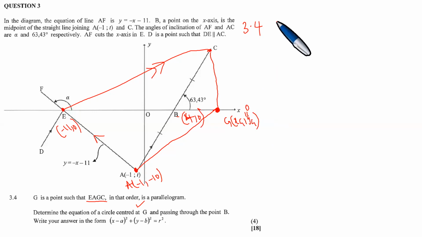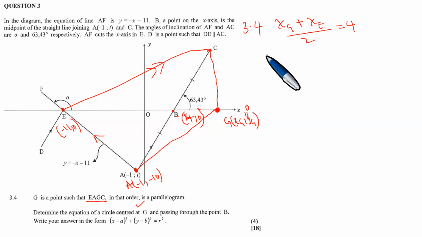So which means, therefore, you would have x at g plus x at e, you divide by 2, because the diagonals of a parallelogram bisect each other. So now if this one becomes a diagonal and that becomes a diagonal, they'll certainly bisect each other. And with that said, the result is going to be the x value at the midpoint, and the x value at b is exactly 4 there.